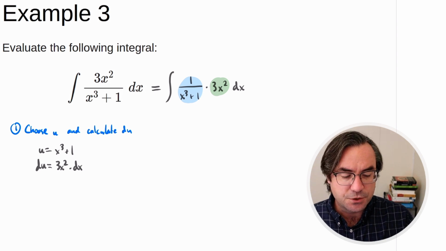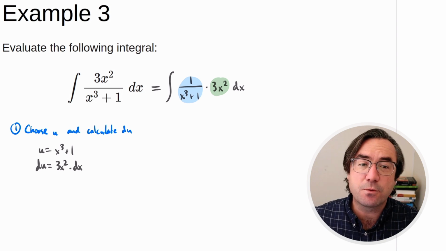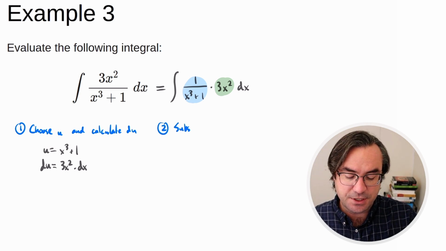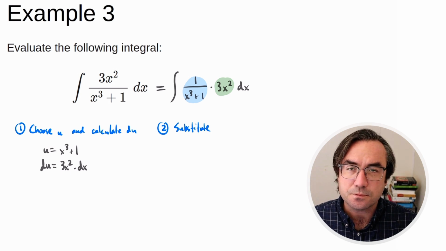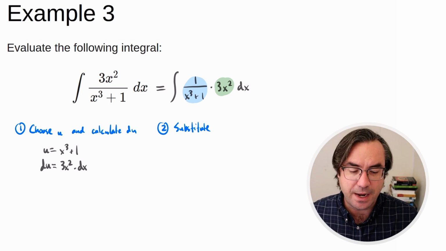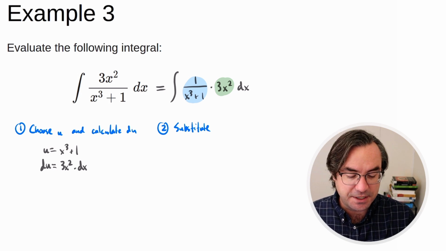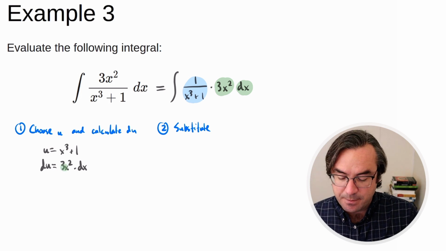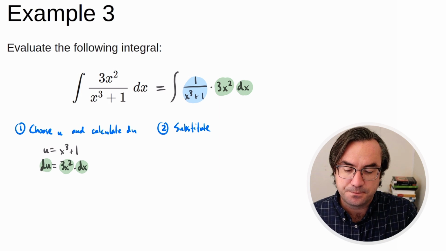Okay. So once we have those, then we're ready to substitute in our pieces. So we make our substitutions. So what are we going to do? Well, it just so happens, worked out very nicely, that the 3x squared times dx matches up perfectly with our du.